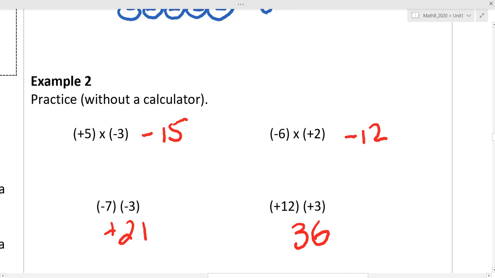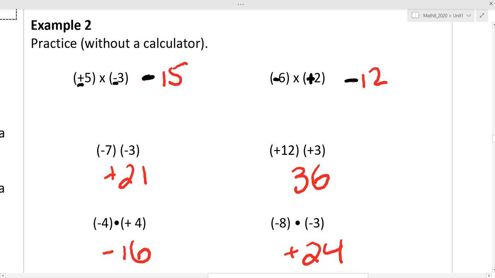So the first one, we said a positive times a negative is a negative. That's where the negative came from. And we go 5 times 3, 15. Then we had a negative times a positive, which is a negative. Then we go 6 times 2, 12.